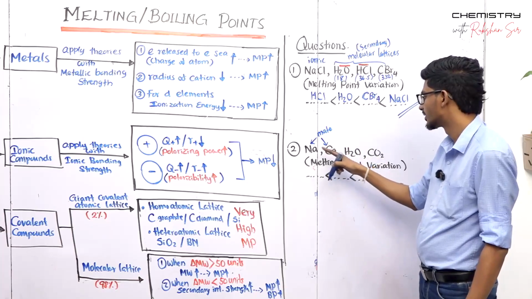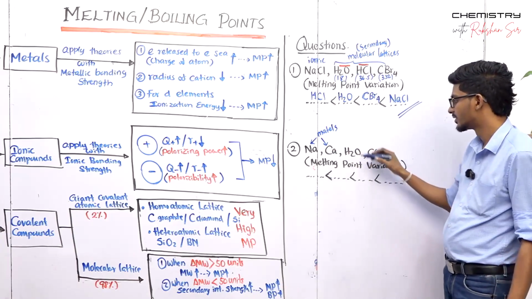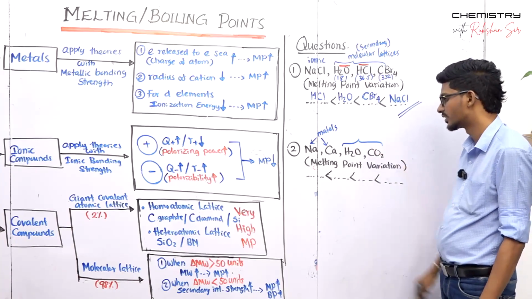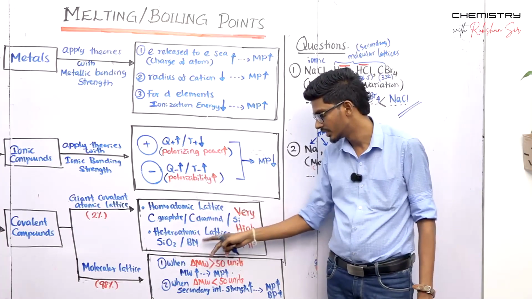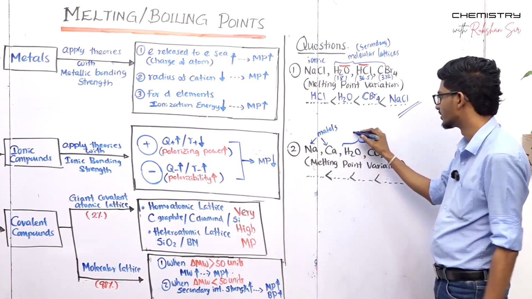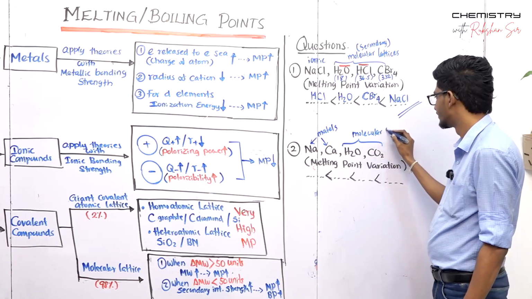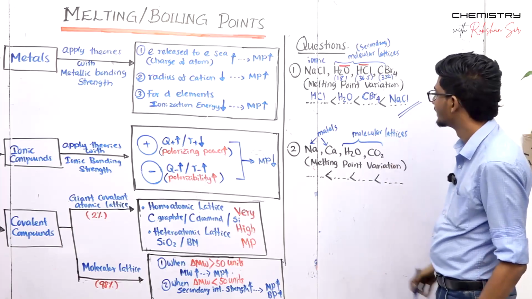All the s and d block elements are metals. And these others are covalent, only non-metals appearing, so we can say those come under molecular lattices.